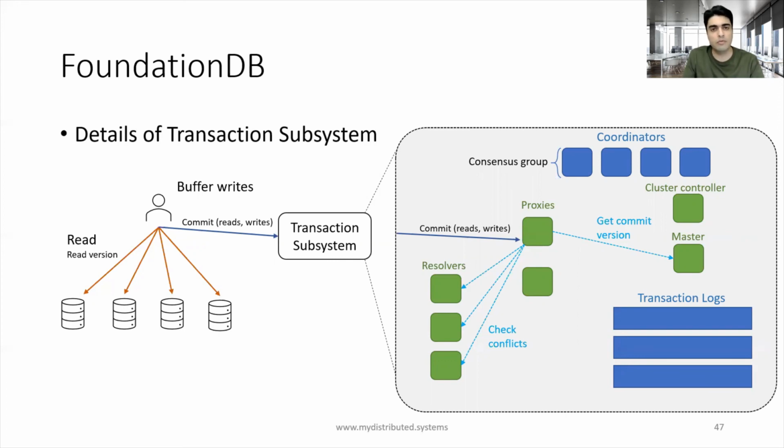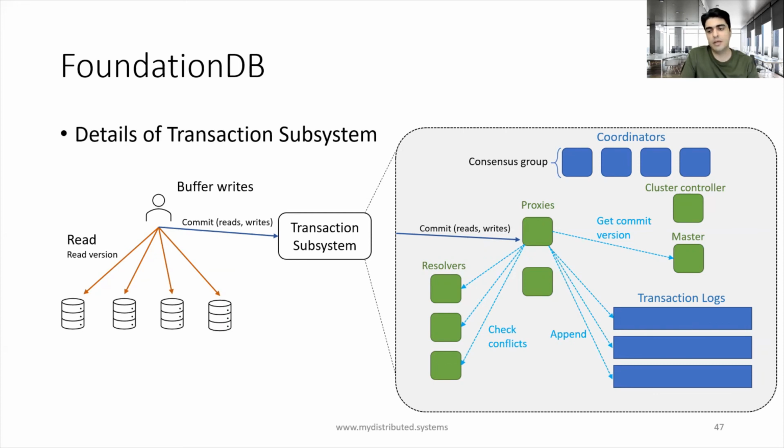Whenever a resolver doesn't see any problem with a transaction, it updates its cache with the commit version received from the proxy. If all of the resolvers said yes to a transaction, the proxy decides to commit the transaction. So it appends this transaction to all of the replicas of the transaction log before returning to the client.